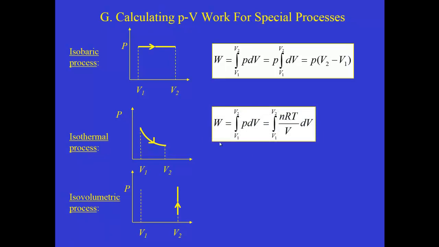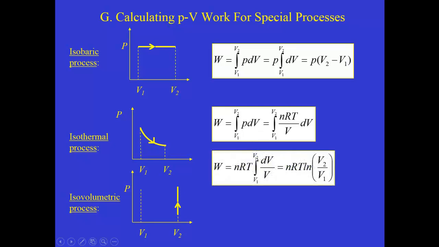Integral of pdV, well, we replace P using the ideal gas law as nRT over V. And since the process is isothermal, now here's the important part: we can take the T outside the integral along with the n and the R. When we do that, we're left with a simple integral, dV over V. You've all seen that before, and that gives us the natural log.